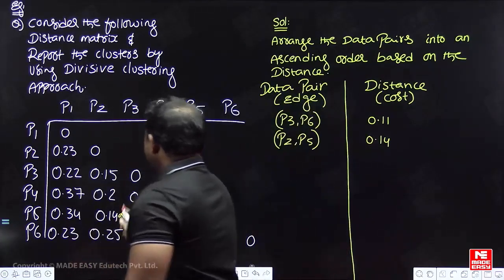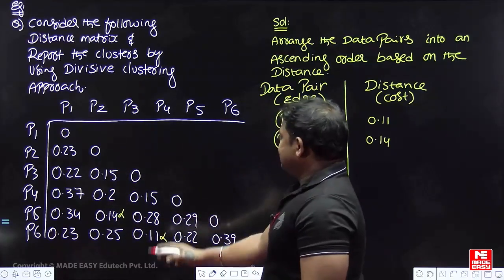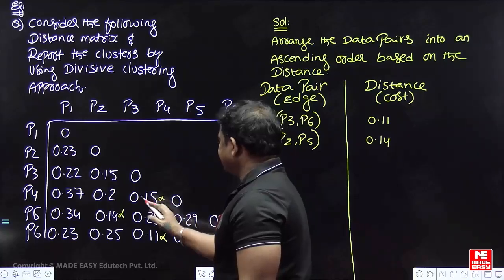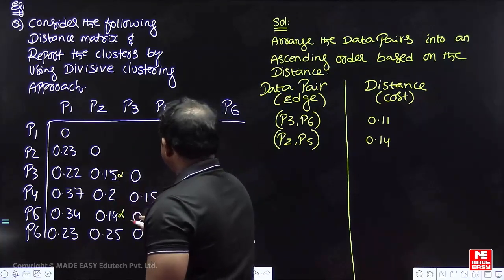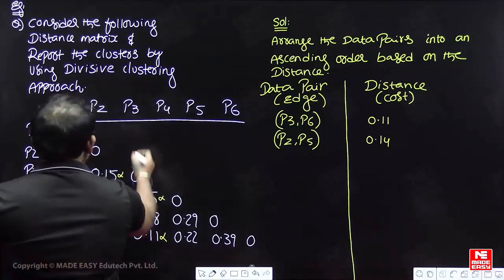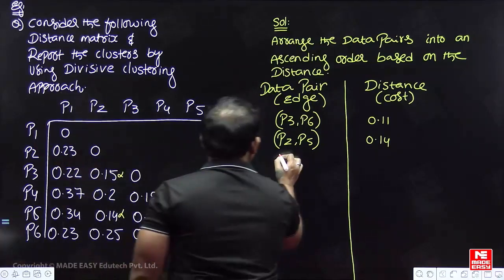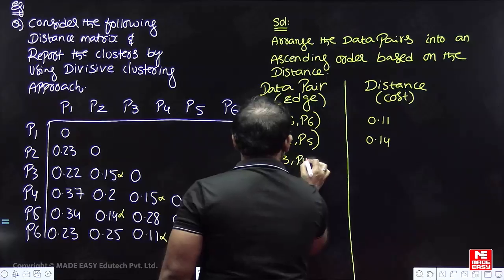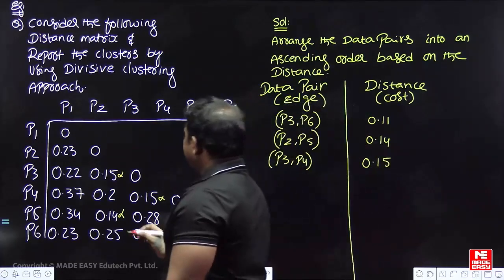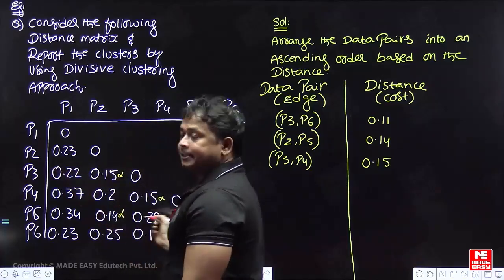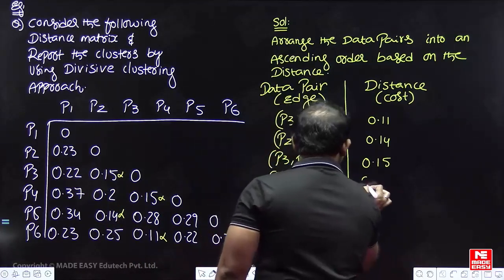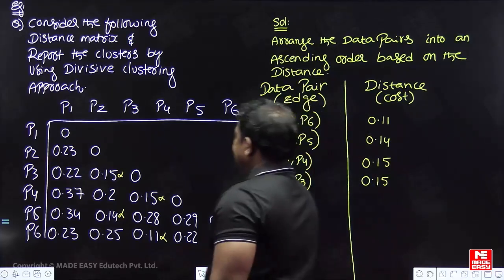Then what is the next smallest? Distance 0.15, and two pairs are there: P3 and P4, and P2 and P3, both 0.15.